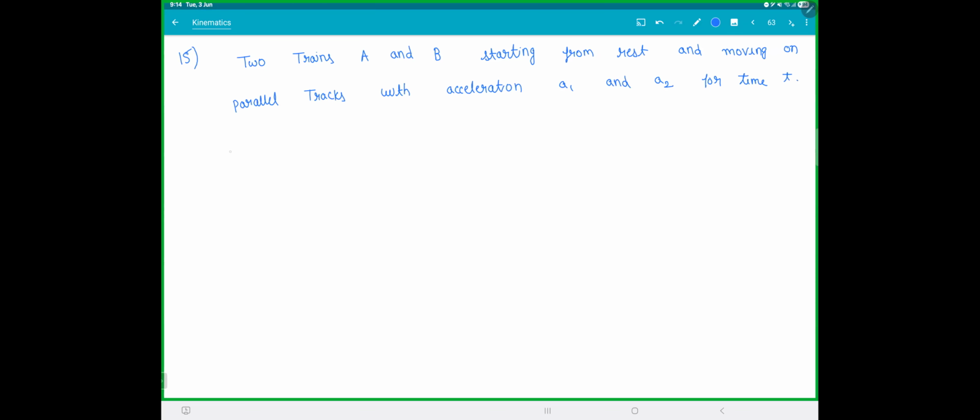So after time t, A and B will exchange their accelerations. After this time, A accelerates with A2 and B goes with A1. So basically the accelerations are exchanged for the next time t.